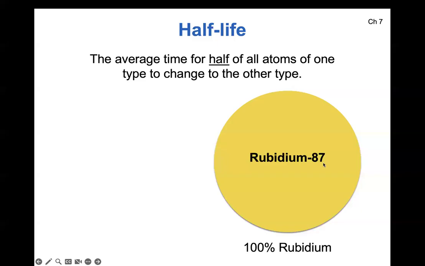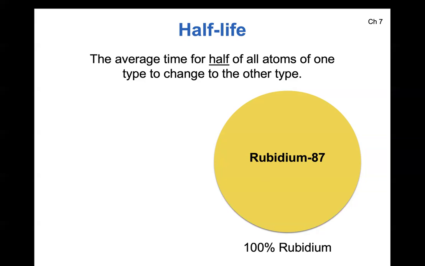So we take an example of an element called rubidium, and the isotope that we're interested in is 87. And by the way, when I refer to isotope, an isotope is just a type of an element. So when you have a named element from the periodic table, like gold or carbon, or in this case, rubidium, there are different possible numbers of neutrons that can exist inside the nucleus.